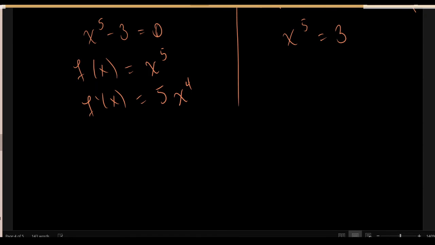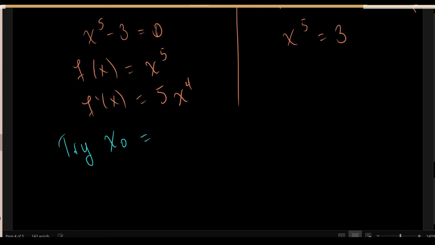Let's choose an initial guess. Now once again, x0 equals 0 is not going to work in this problem, because if I choose x0 equals 0, that's going to cause the derivative to output 0, which is going to cause a division by 0 error.